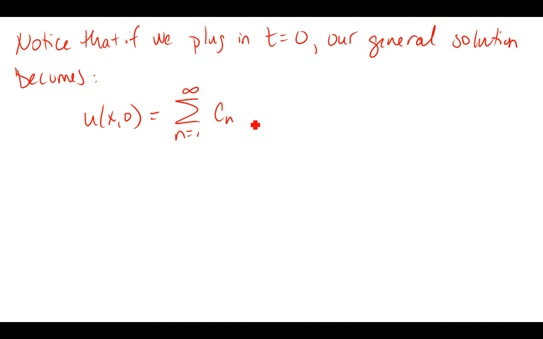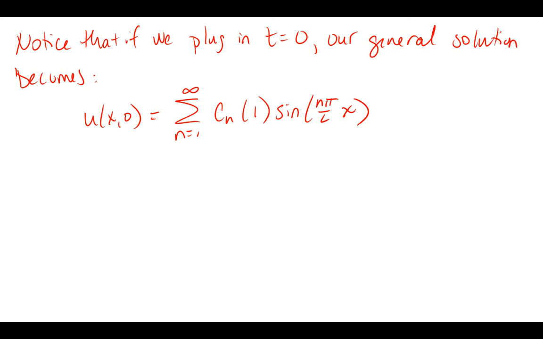Now that e term, I'll just do it here as a fancy 1, turns into just 1, because you get e to the 0. So that's 1, obviously. And then you still have the sine thing. Okay, so we'd at least get that.